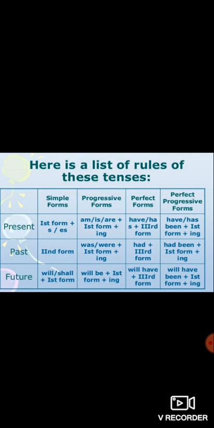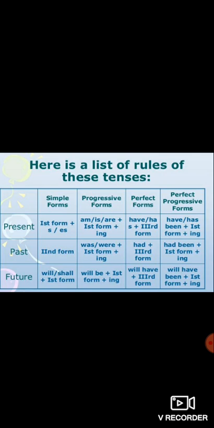For the perfect progressive, present tense, it means present perfect continuous, has, have been plus first form ing, past perfect progressive is had been plus first form ing, and future perfect progressive is will have been plus first form ing.